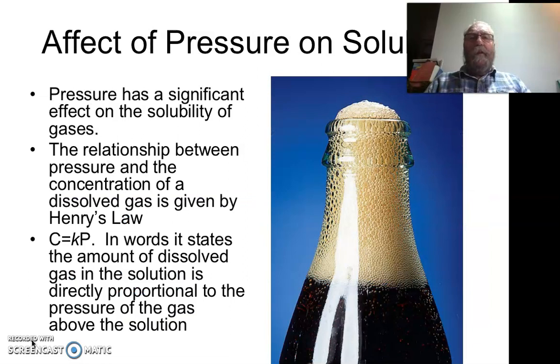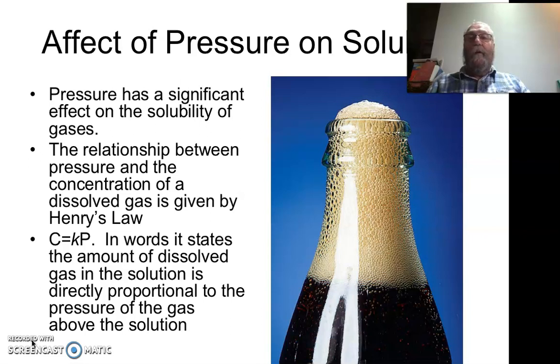We also tend to think of solubility primarily in terms of a solid dissolving in a liquid, but what about when we dissolve a gas in a liquid? This is an example with Coke. In the case of Coke, or any sort of carbonated drink, as the temperature rises, the solubility actually decreases.